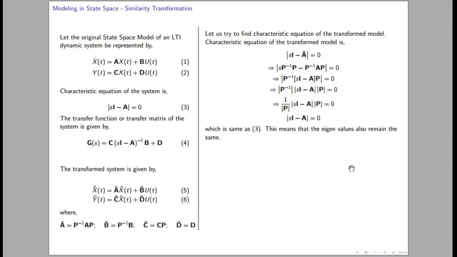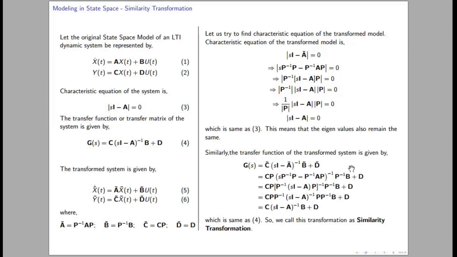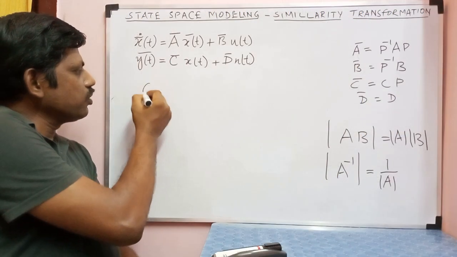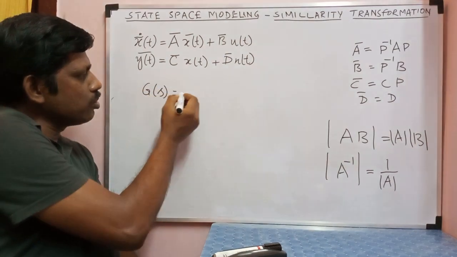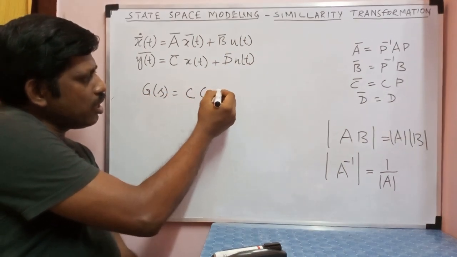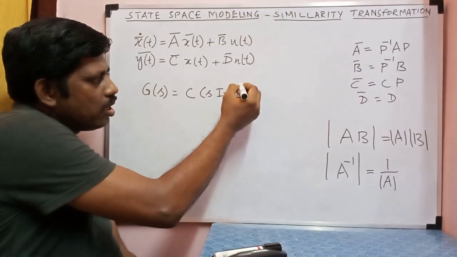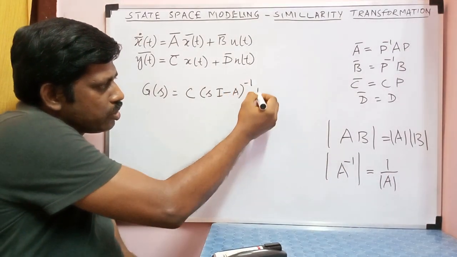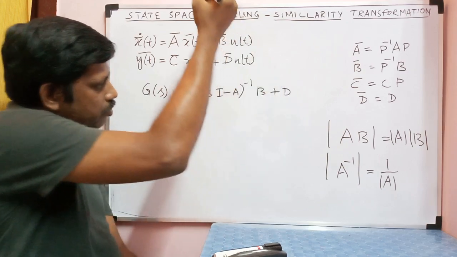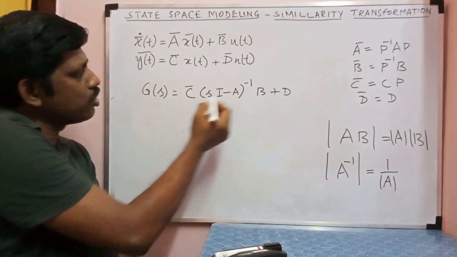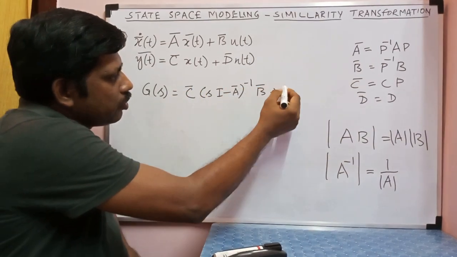Now the question is, what about the transfer function? Whether the transfer function changes. So, what is the transfer function? G of s is equal to C (sI minus A) the whole inverse B plus D. For the transformed equation, it should be all barred.